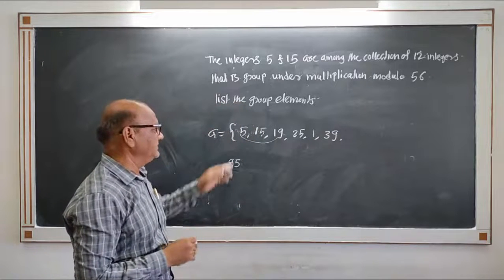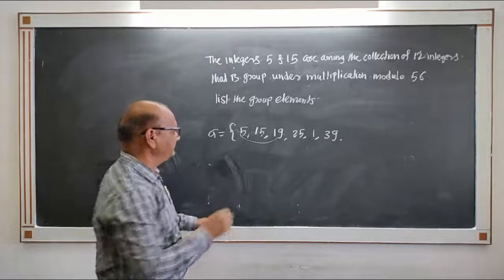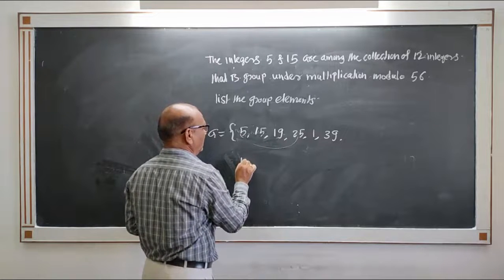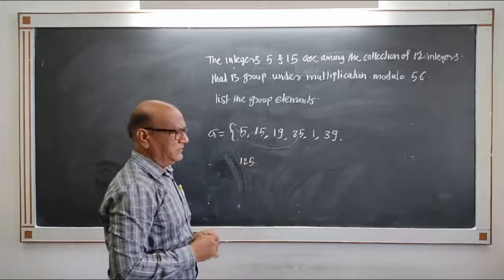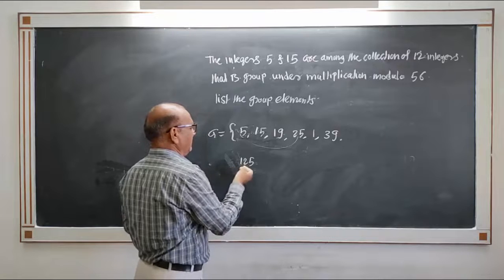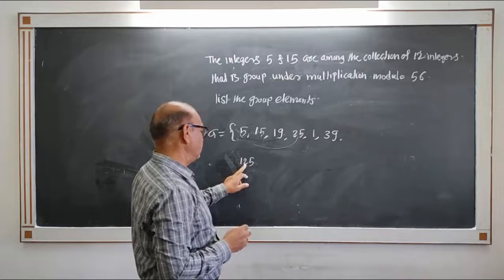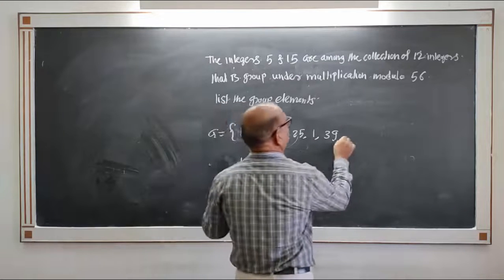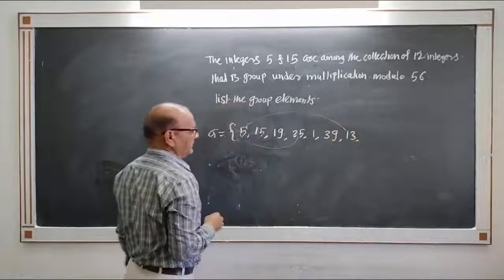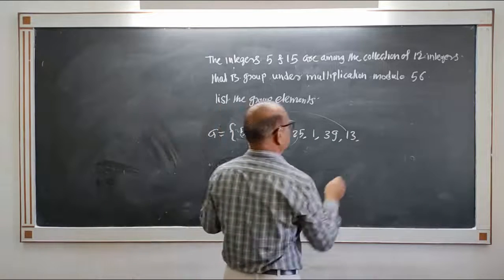Like this, 39. Again the product of these two, 1 1 2 5, and modulo 56 means 13. Again the product of these two, 65, and modulo 56 is 9.